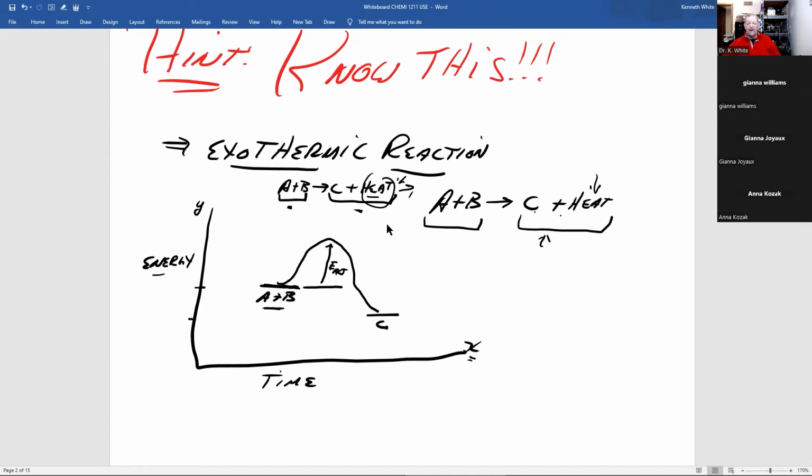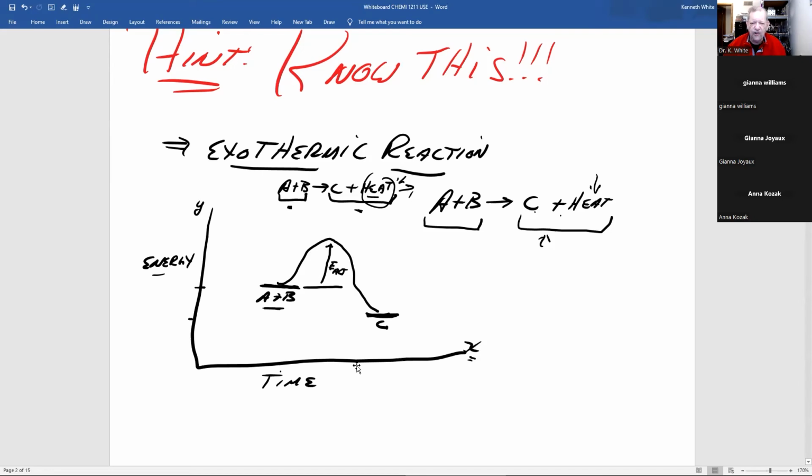If you take away the heat because it gets given off, C is going to have less energy for an exothermic energy diagram than A and B. And it has to go over the hill and down to C. And from where it starts to the top of the hill, that's the activation energy.